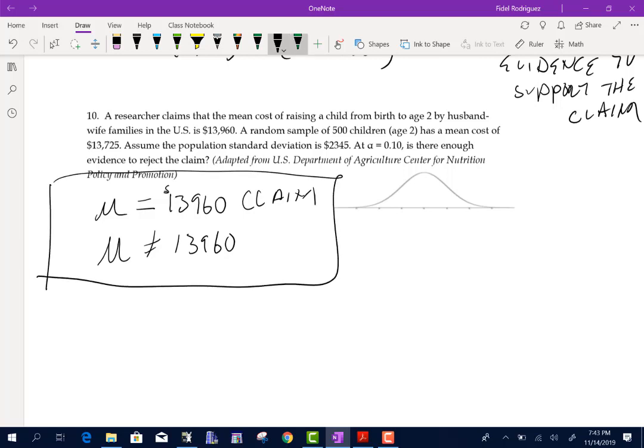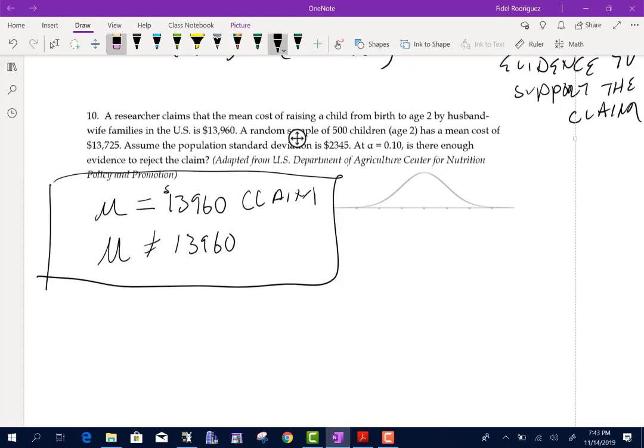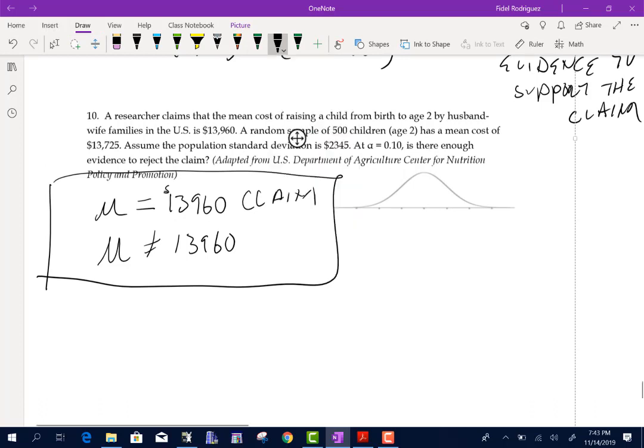Now, guys, now that we know our claim, do we also know what our H0 and our HA are? Which is the H0? The top one, right? And this is our alternate, right? Are you going to give us that little formula also? The one on the front page.